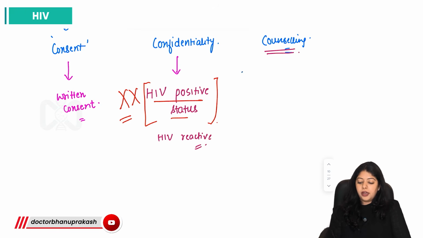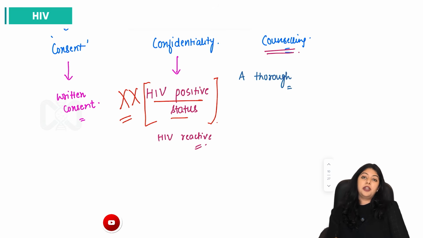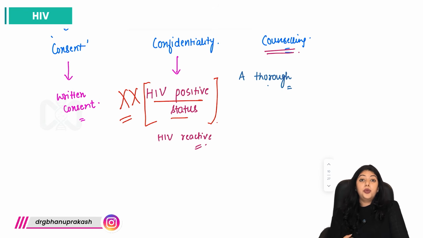A thorough counseling needs to be provided to the patient about the nature of the disease, what all precautions he should be taking, whether we would counsel the patient to have that courage to tell the status to his family members, to his partner, right?